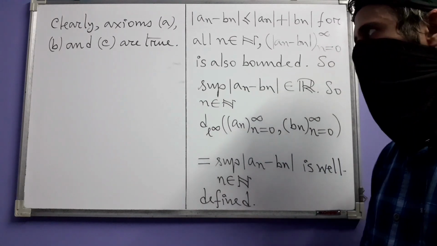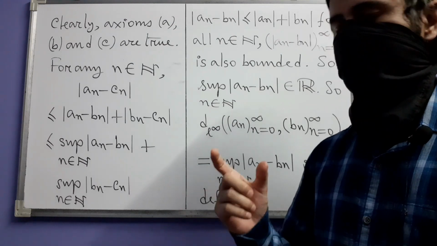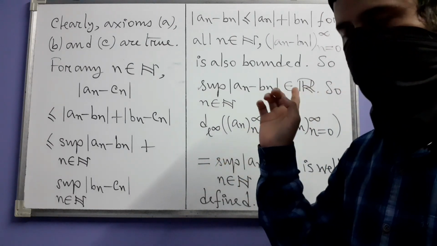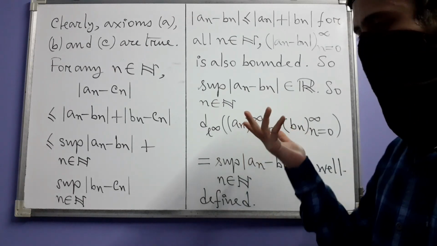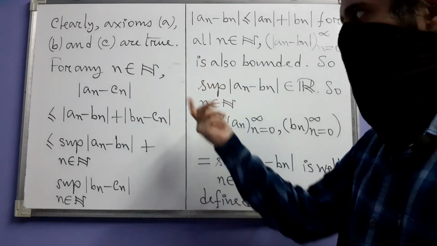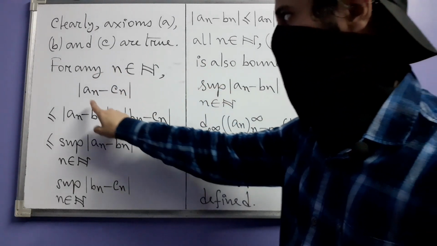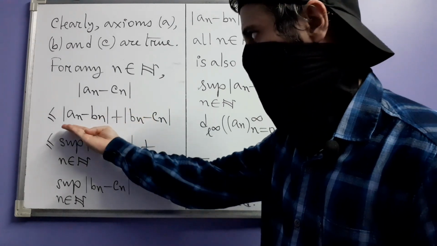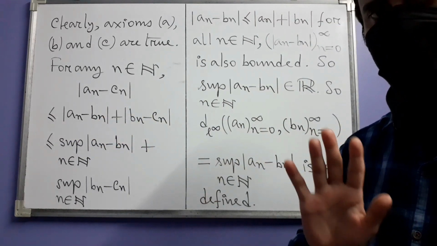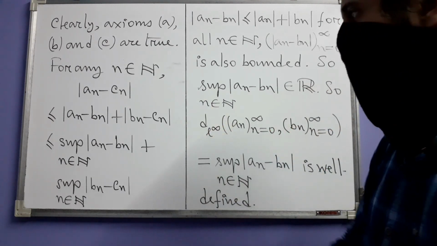Let's do that now. So for the triangle inequality, we are going to need 3 sequences an, bn and cn. You can assume that that cn which we chose back there when dealing with the triangle inequality for dl1 is still there with us, or if you want, you can write here again. So this time for any natural number n, mod an minus cn is less than or equal to mod an minus bn plus mod bn minus cn, ordinary triangle inequality in the system of real numbers for the absolute value function.